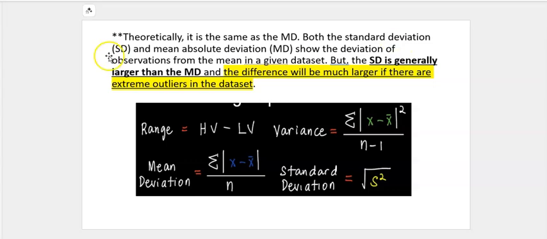Standard deviation is more reflecting the reality. If the difference between the mean deviation and the standard deviation is larger, this means that there are extreme outliers. When there are extreme outliers, as you square the numbers, of course the standard deviation is greater. So that is the difference.